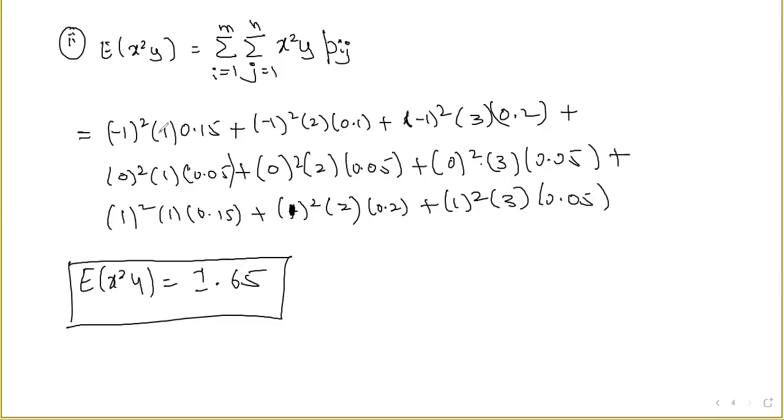Just square, multiply, square, multiply, and again add. If you do the calculation like this, you will get 1.65. So this is a few examples to understand the basic concept of bivariate mathematical expectation. Clear? I hope this example is clear.